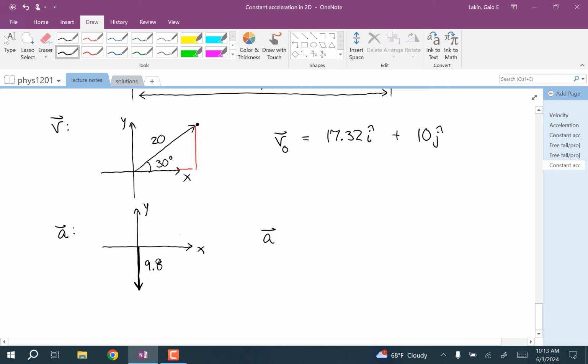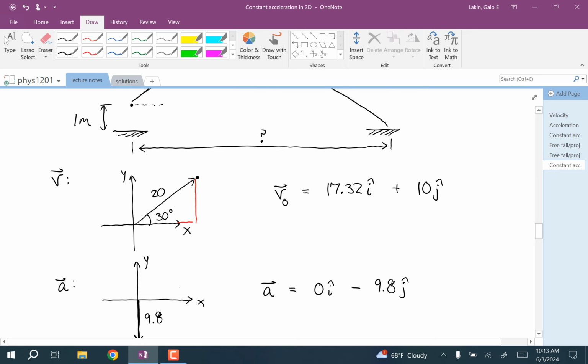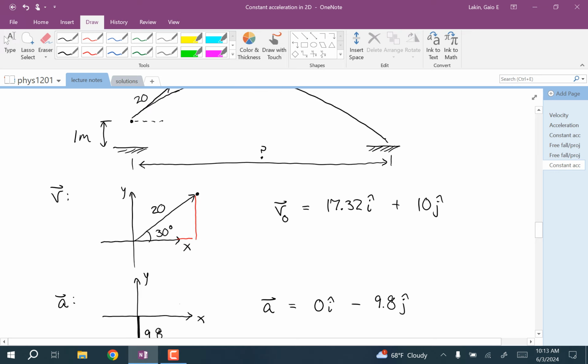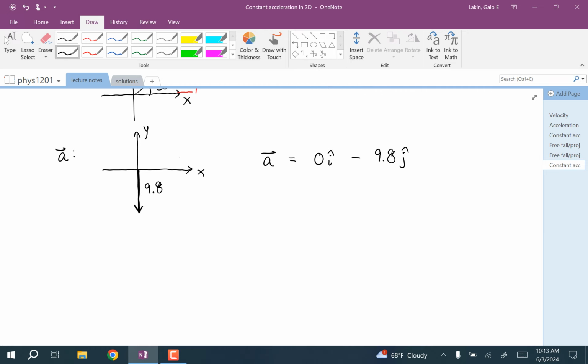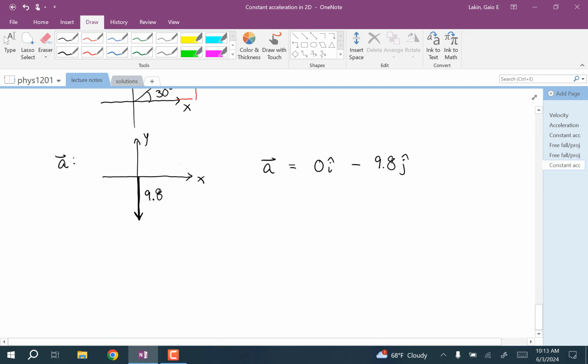So you can represent that acceleration as 0 i minus 9.8 j. These are all in SI units, so the velocity is in meters per second and the acceleration is in meters per second squared. Now that we have all that, we can start thinking about the calculations.